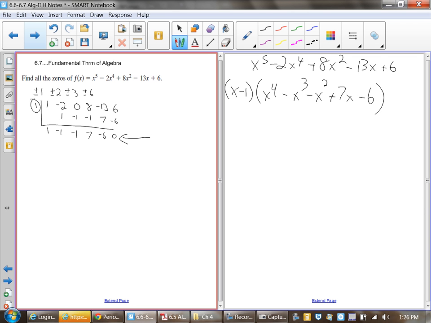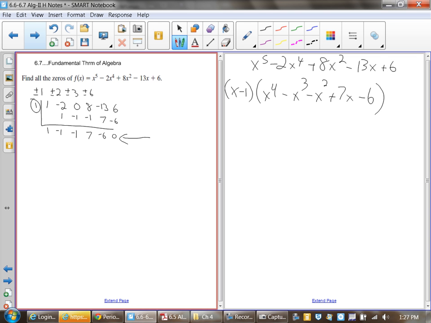Again, can I factor that the way it's sitting with the x to the 4th, x to the 3rd, x squared? Can I do any grouping or any of that mumbo jumbo? No. I can try, but I'm not going to be very happy. So, once again, what's your constant at the end? 6. What's your leading term coefficient? 1.